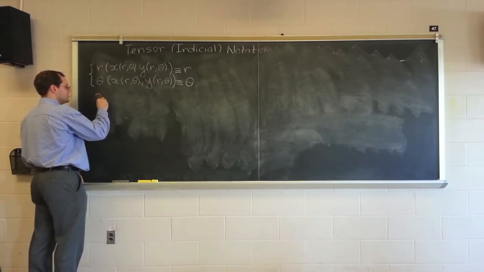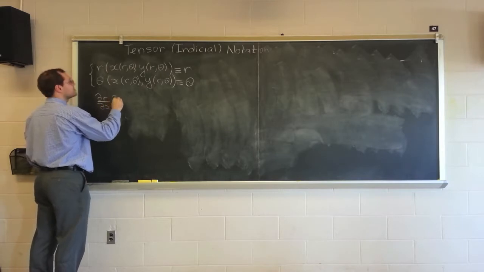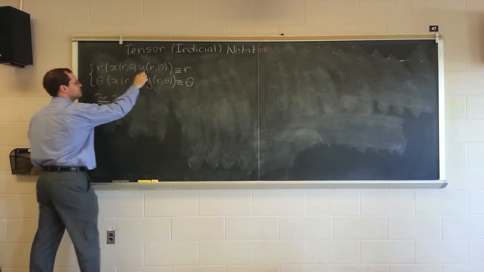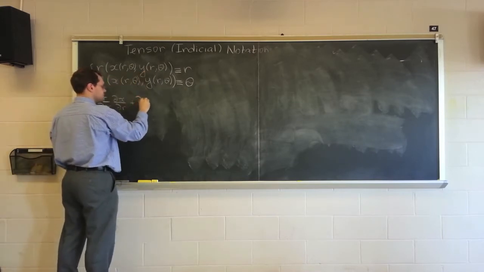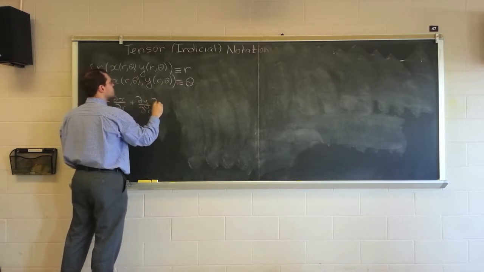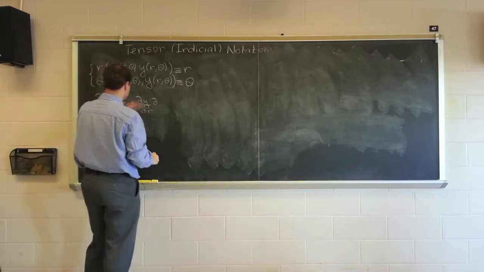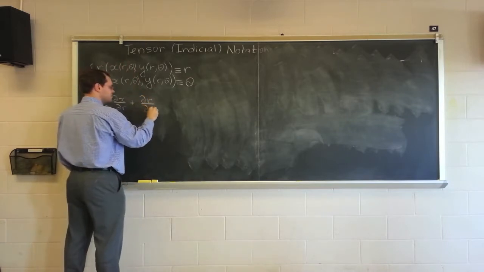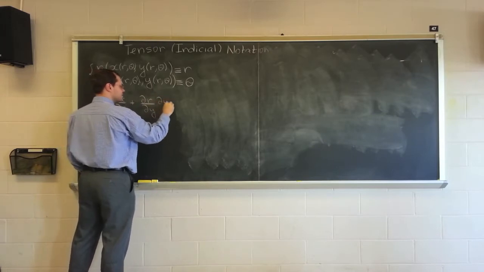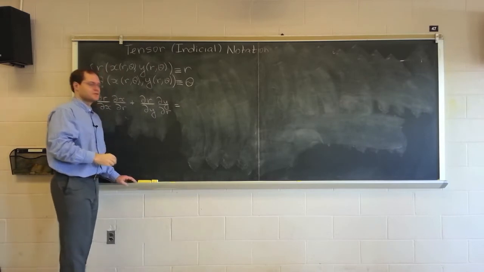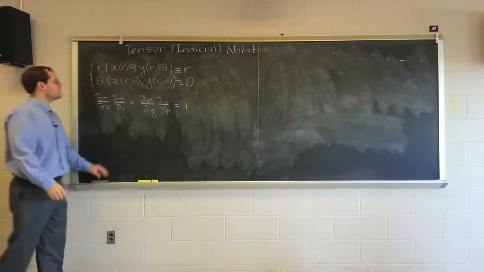We'll get dr/dx times dx/dr, plus dr/dy times dy/dr, equals, you tell me? 1. I think I'll just write one more.